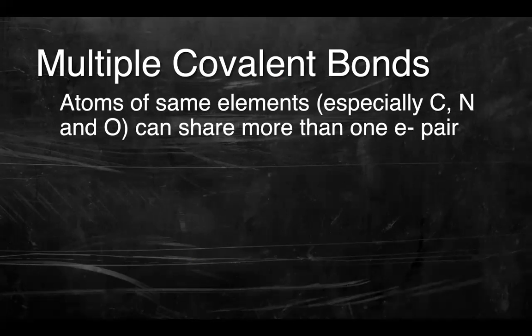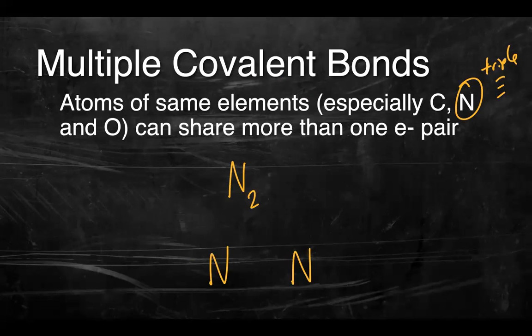The elements that you're going to see that have a tendency to have multiple bonds, the 3 big ones, are carbon, nitrogen, oxygen. Nitrogen in particular loves triple bonds, which is 3. So if you just take N2, for example, just put them next to each other. Each one has 5 electrons, so I have a total of 10.